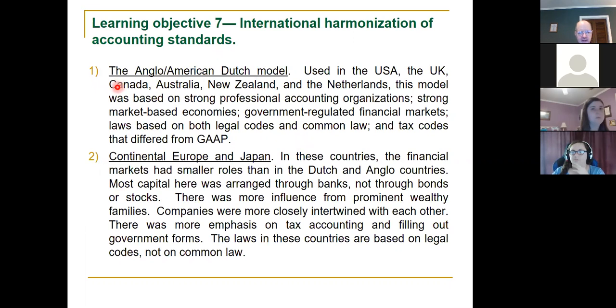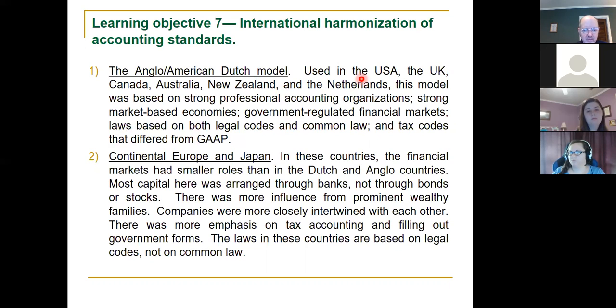Starting with the Anglo-Dutch model, this is how accounting standards were set in the USA, the United Kingdom, Canada, Australia, New Zealand, and the Netherlands. All of them English-speaking countries except the Netherlands, with strong professional accounting organizations, strong market-based economies, government-regulated financial markets, laws that are based on both legal codes and on common law, and tax codes that differed from GAAP.